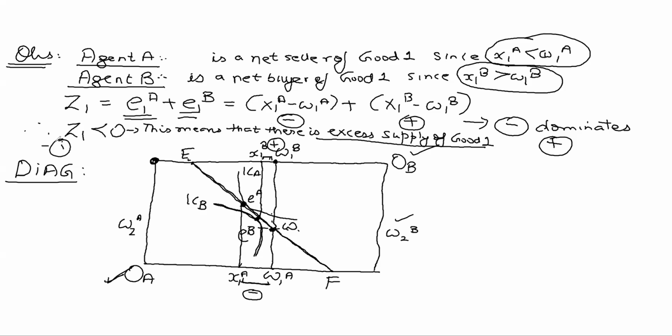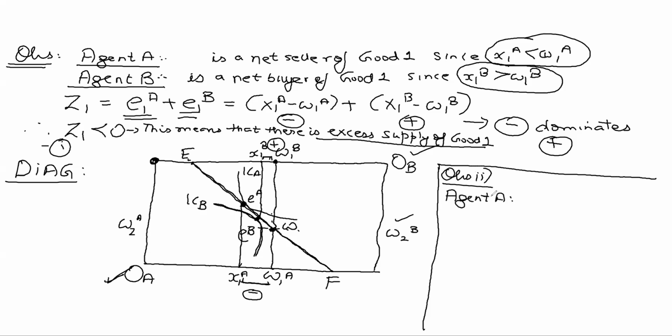Now, if I look at the second observation, which you can see on the right hand side of your screen, this is observation 2. If I talk about agent A, and now good 2, what is agent A's endowment of good 2? This much. But how much is agent A consuming of good 2? This much. So this is my X2A.